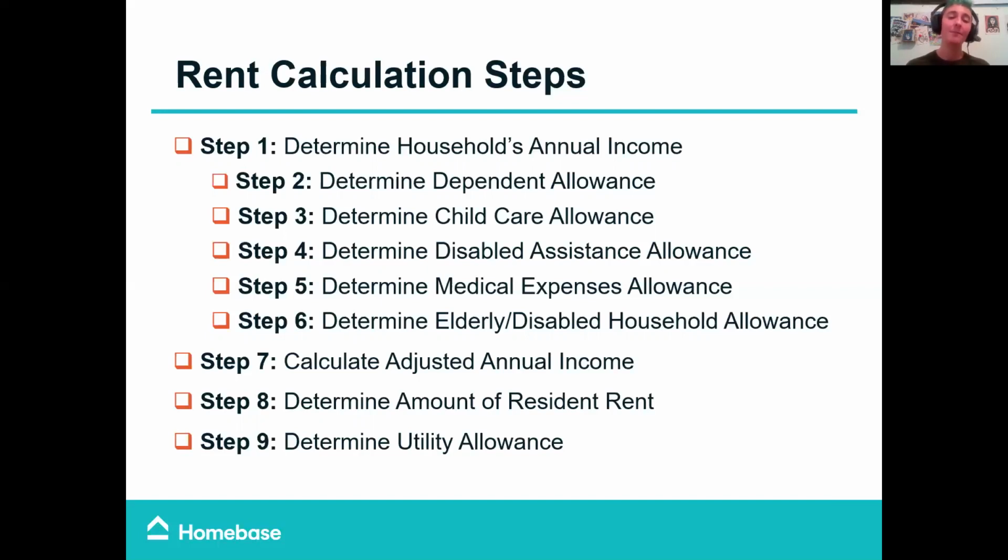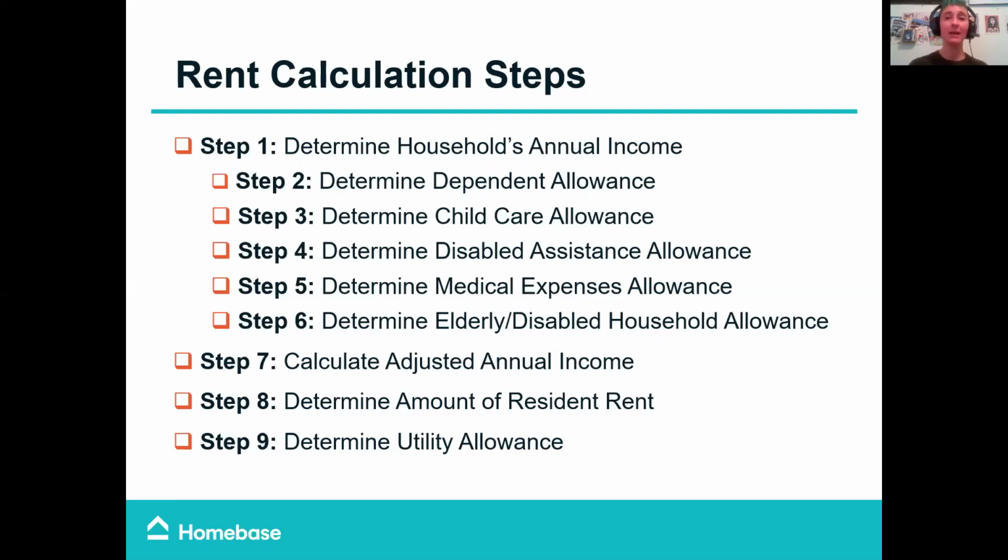And then based on the adjusted annual income, you're going to figure out what the appropriate amount of resident rent should be. That seems like that's the end, right? You've figured out the client portion of rent. There's actually a last step because of the point that we've referenced a couple times now, that HUD considers all of those eligible utilities as part of the total housing costs.